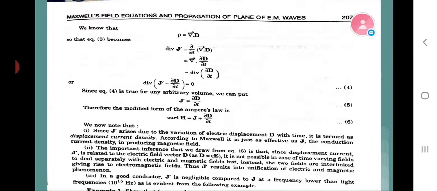Thus, J dash results in the unification of electric and magnetic phenomena.